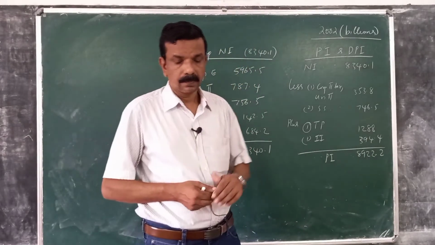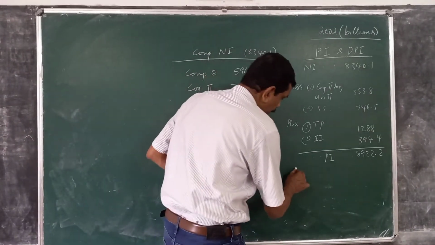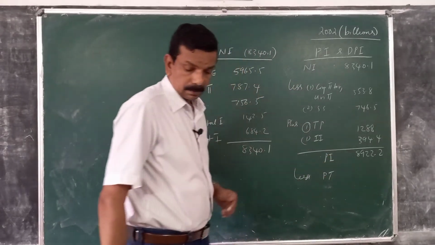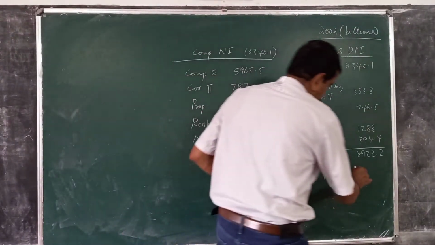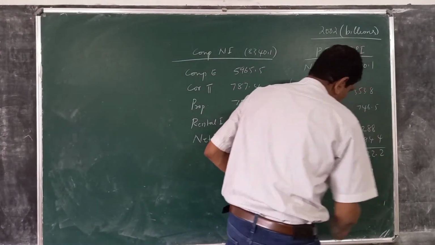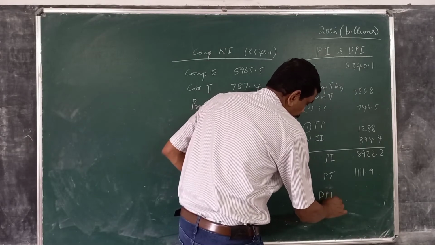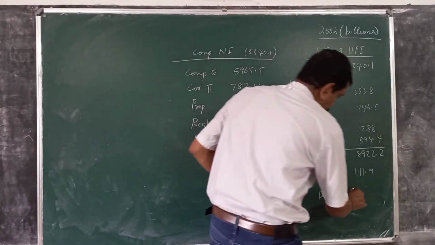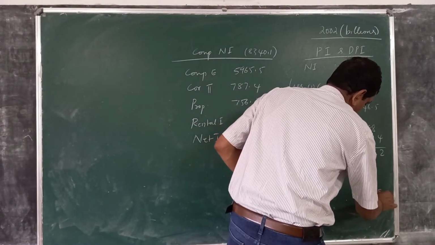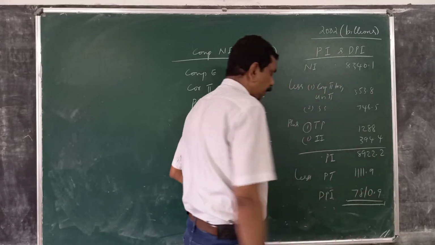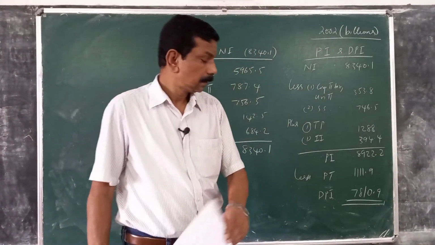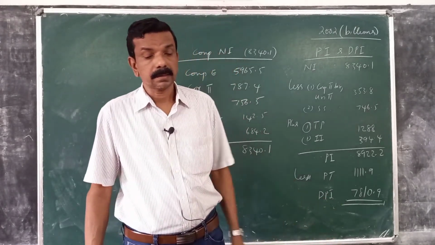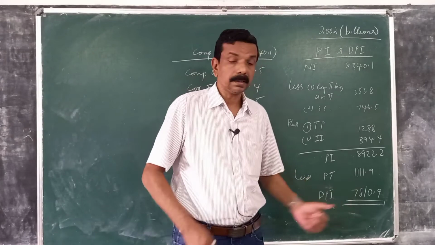And from the personal income we subtract personal tax equal to 1111.9. That will give you disposable personal income, 7810.9. Personal income minus personal taxes will give you what is known as disposable personal income.